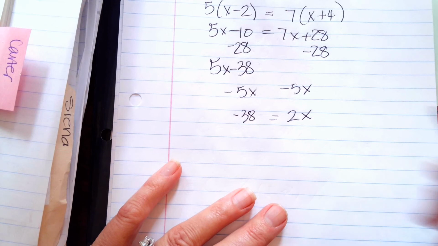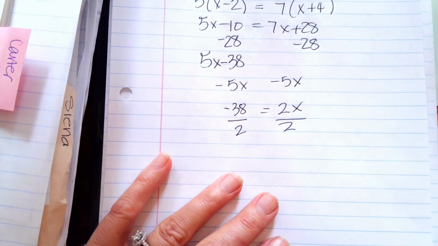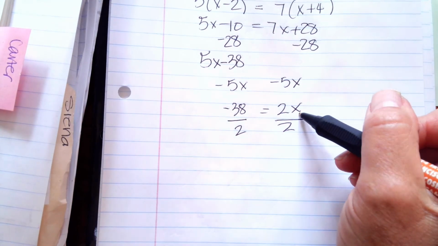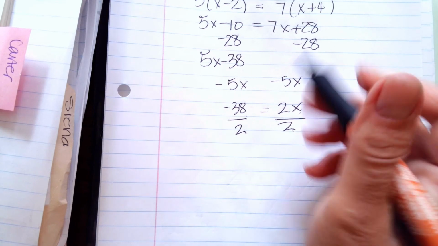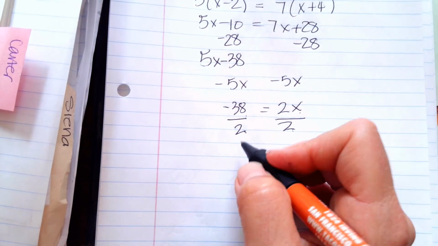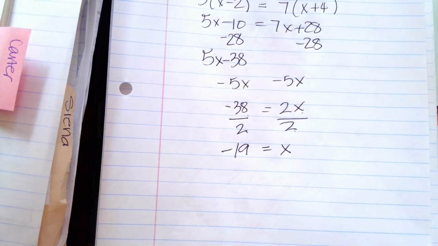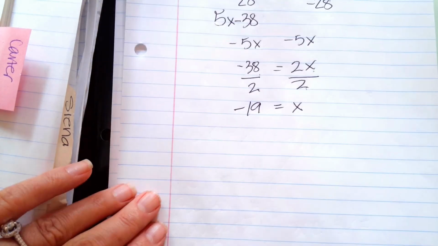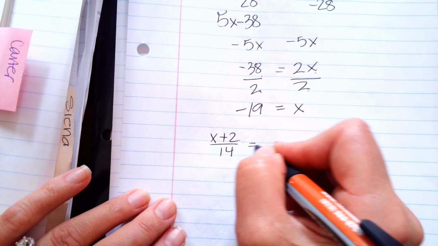Okay. And then we're going to get this over here. So we have to do 2x divided by 2, negative 38 divided by 2.